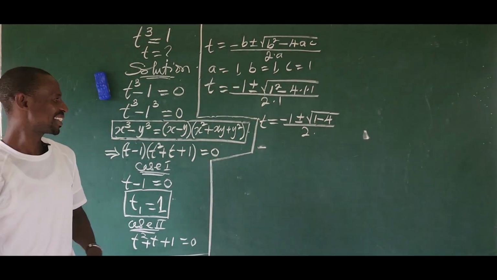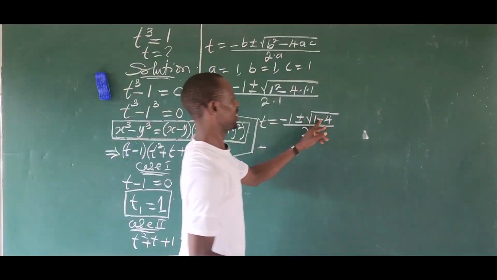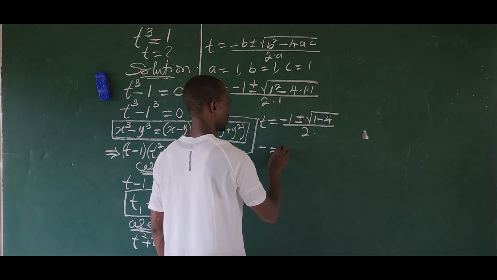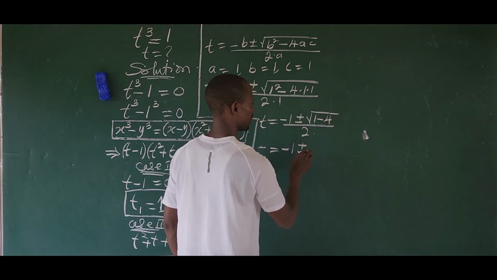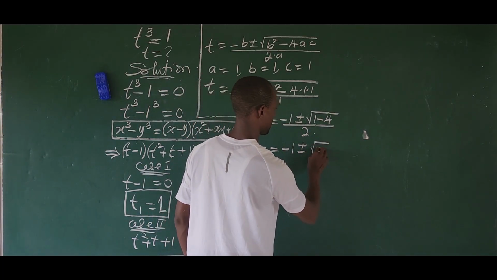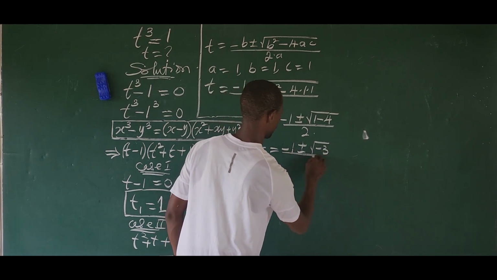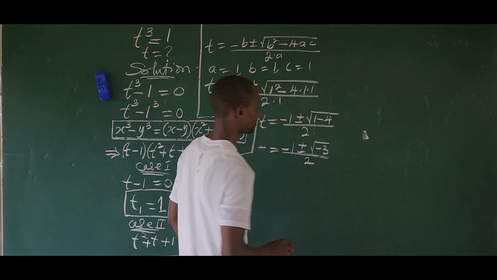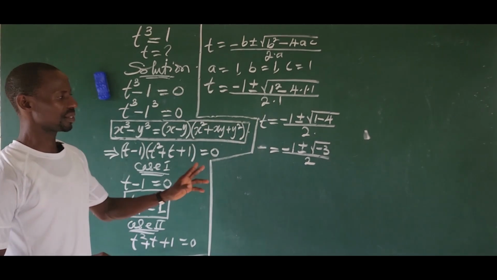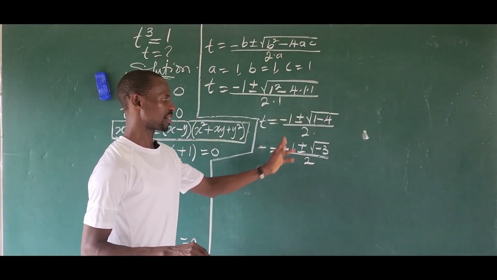Easy, right? Good. So simplifying this is going to give us minus 1 plus or minus square root of minus 3, all over 2. So we have two solutions from this very expression.